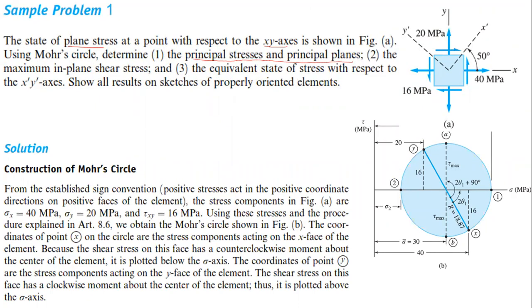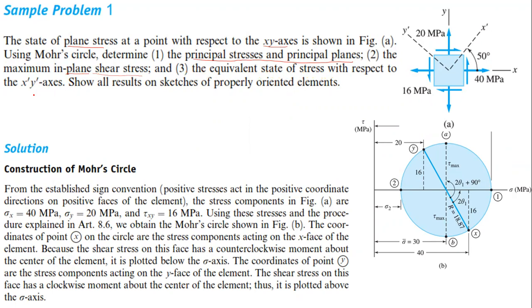So, atong i-compute is ang principal stresses, sigma 1 or sigma max, then sigma min or sigma 2. Then, second, determine the maximum in-plane shear stress, that is equivalent to the radius of the Mohr circle. Third, the equivalent state of stress with respect to x prime y prime axis.